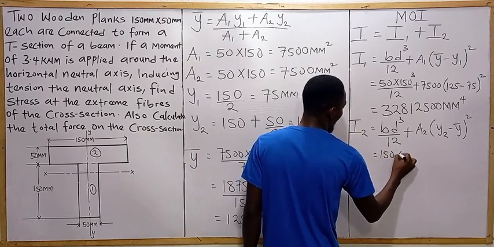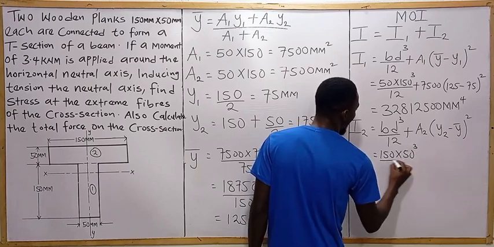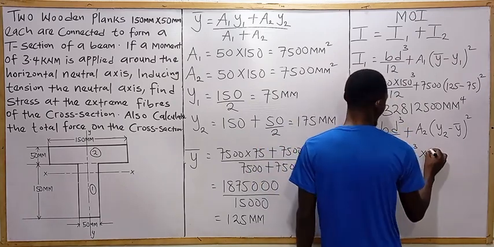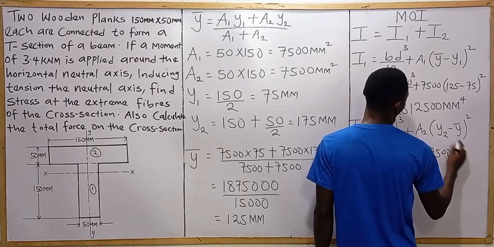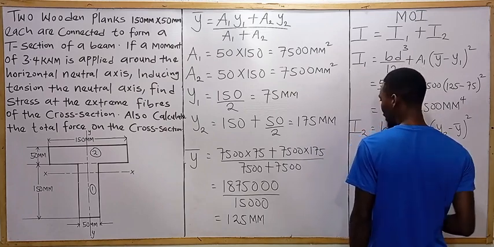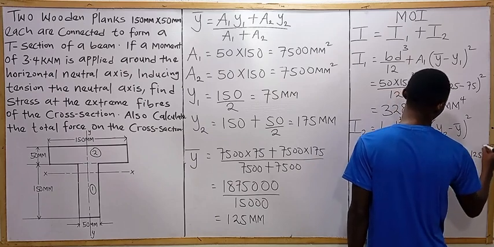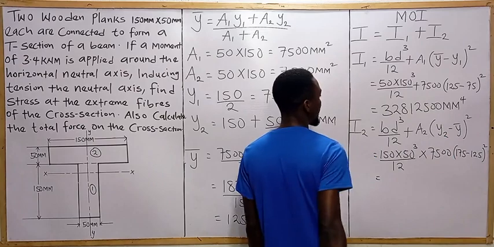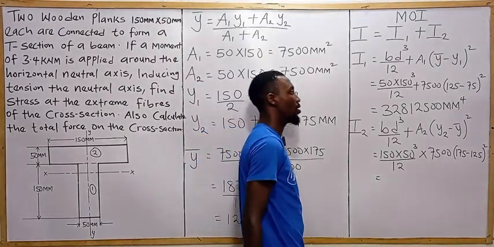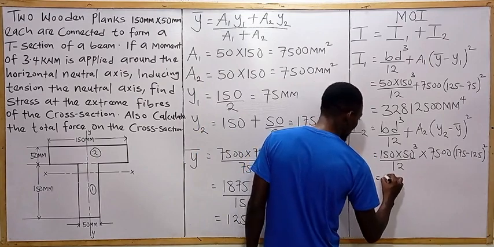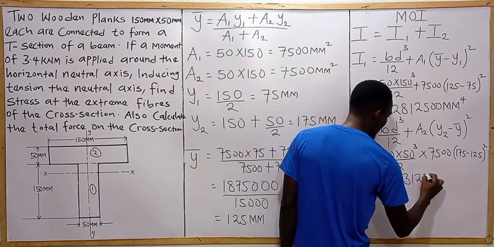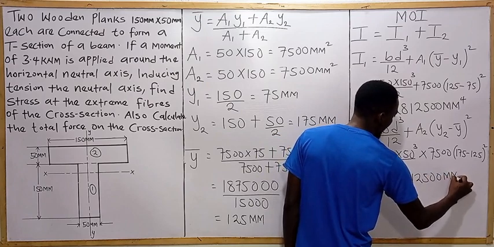So it's going to be 150 multiplied by 50 to the power of 3 divided by 12, plus A2, which is 75,000, into y2 which is 175, minus 125, all squared. By the time you press this directly from your calculator, your I2 is going to be 2031,2500 mm to the power of 4.